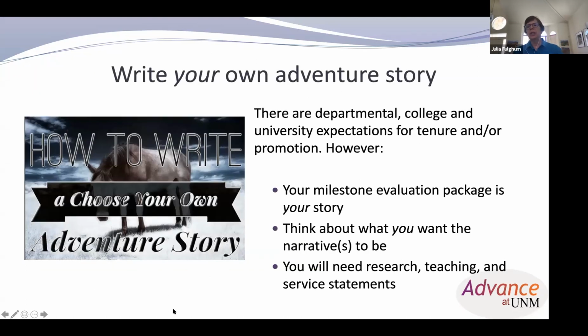A key thing is that writing and developing your dossier is telling your story. It's easy to feel overwhelmed by the fact that you've got expectations from your colleagues and your department and your college or school and the university.